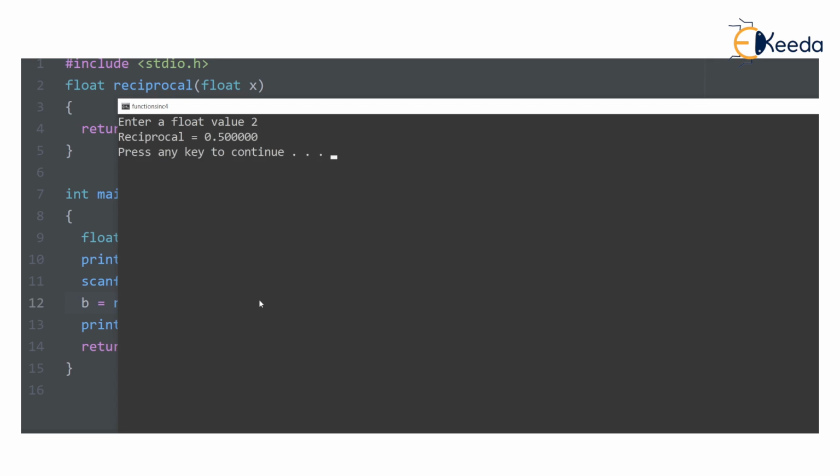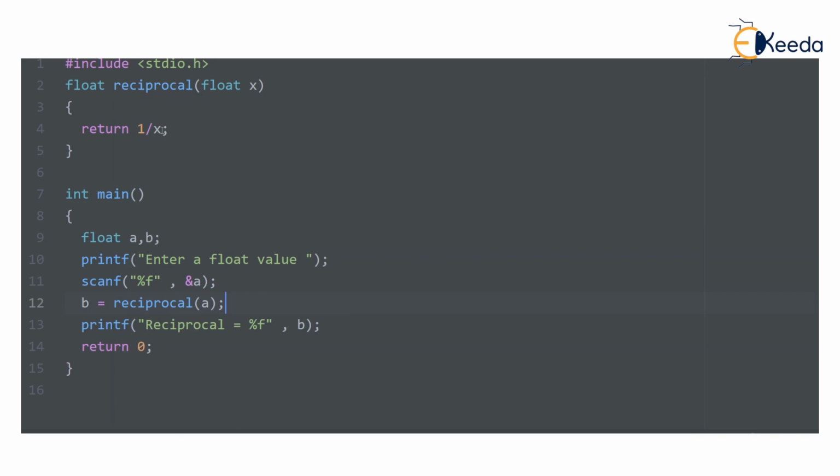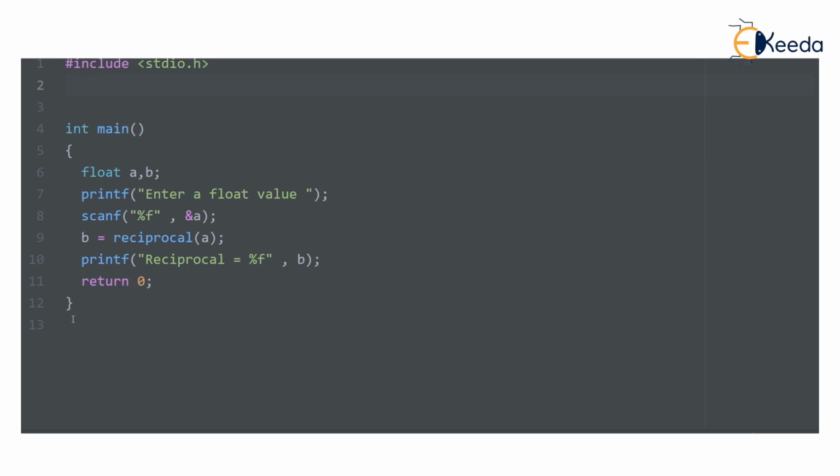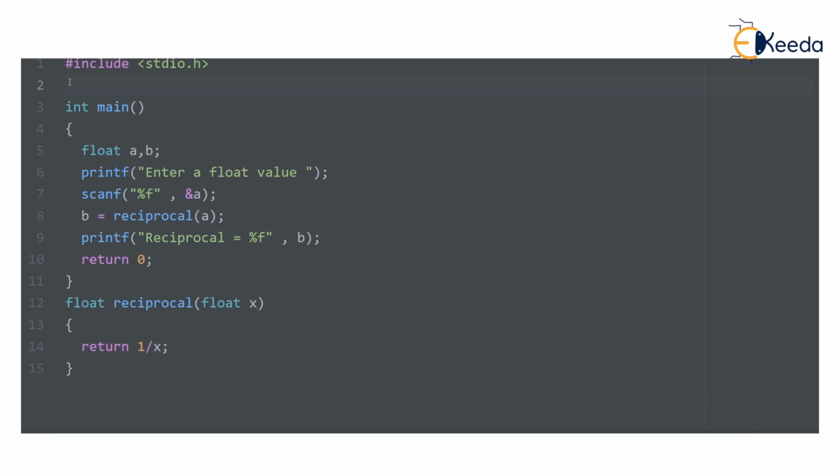Now let's put this function, I am going to just cut this function, and put it below main. So let's see what happens when this is done. The function float reciprocal float x is located below this function call. I hope you are understanding. The definition of the function is given below the call.